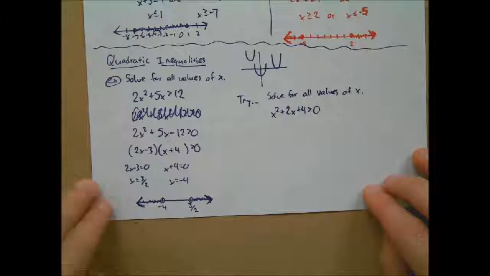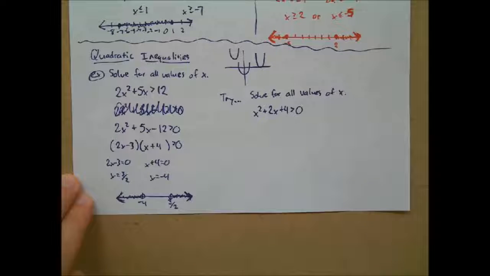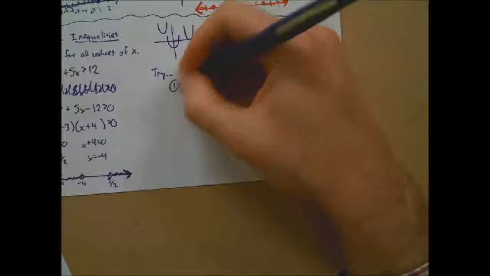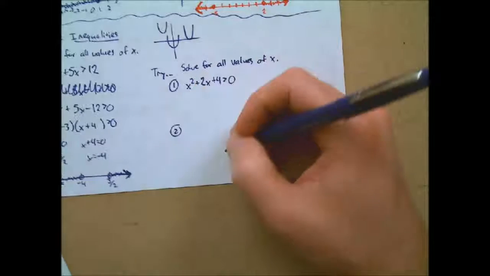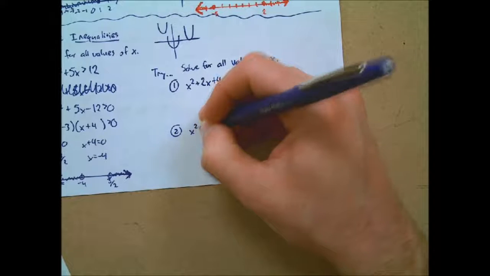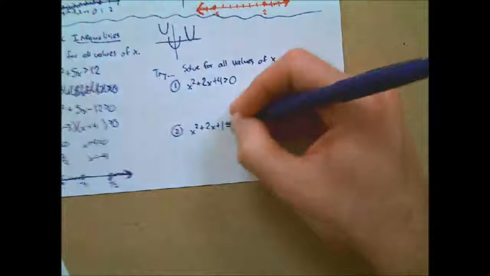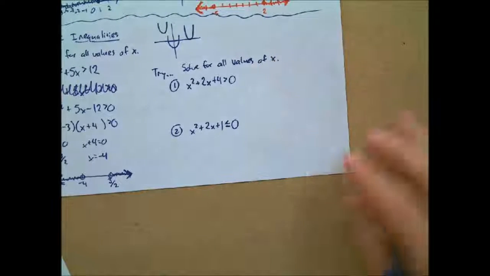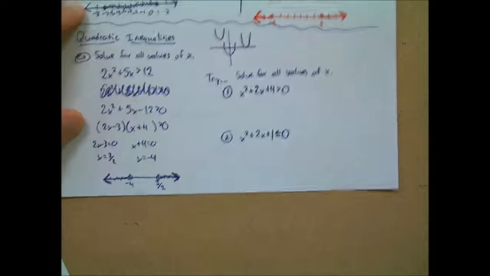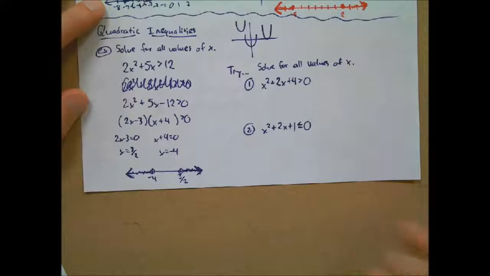Okay. I think I'm going to try and give you another one here too. Let me see if I've got another one that's good to go. Yes, I do. Okay. So try this one, and then also try this one here. x squared plus 2x plus 1 less than or equal to 0. Okay? And I'll try and leave up that other part there, especially for now.